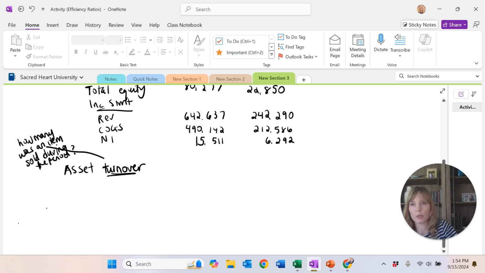So if we can remember that turnover is referring to how many times something was sold, then the formula for asset turnover should be pretty straightforward. We're going to compare sales. When we use the term net sales, we just mean after sales returns, allowances, and discounts. It's typically the number at the top of companies' income statements, divided by total assets. But remember, because sales is for a fiscal year in this case, could be for a quarter, we're going to look at the average total assets instead of just an ending balance.